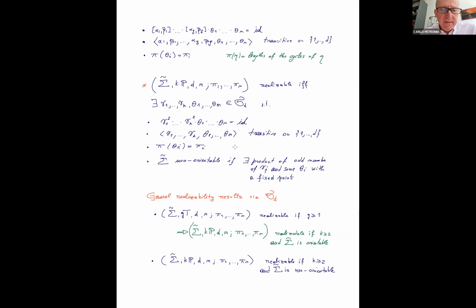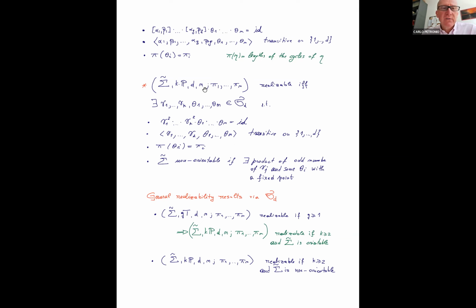Okay, so using this approach that, as I said, dates back to Hurwitz, in the 70s, Edmonds, Kulkarni, and Stong solved most instances of the problem in the positive. So you see, in the orientable case, you have to look for 2G plus n permutations on the D elements, and you have a condition on the product of the commutators of the first 2G and the last n, and you only have a condition on the last n.